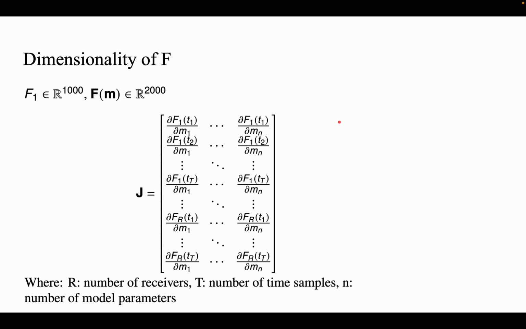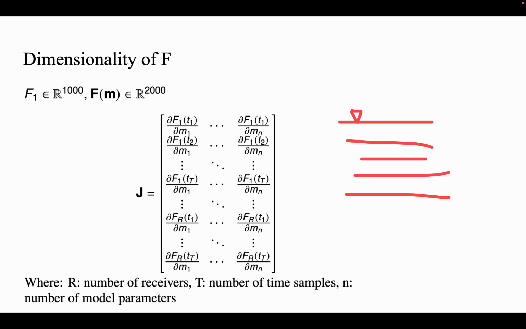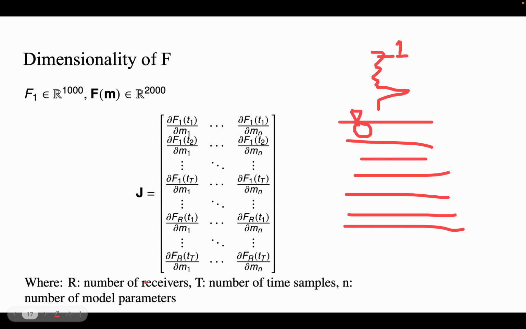What I want to say here is that, let's say my receiver is placed here and I have, let's say, 6 layers, and it is recording something like this. So this is, let's say, my first sample. If this is my first sample, then obviously this will correspond to information coming from this region.